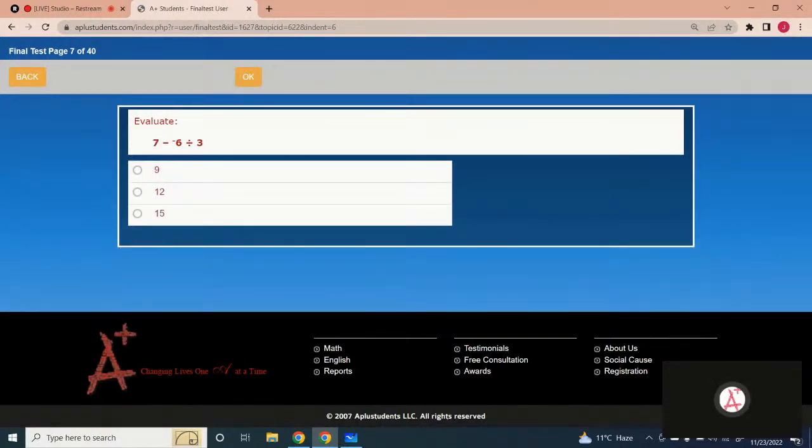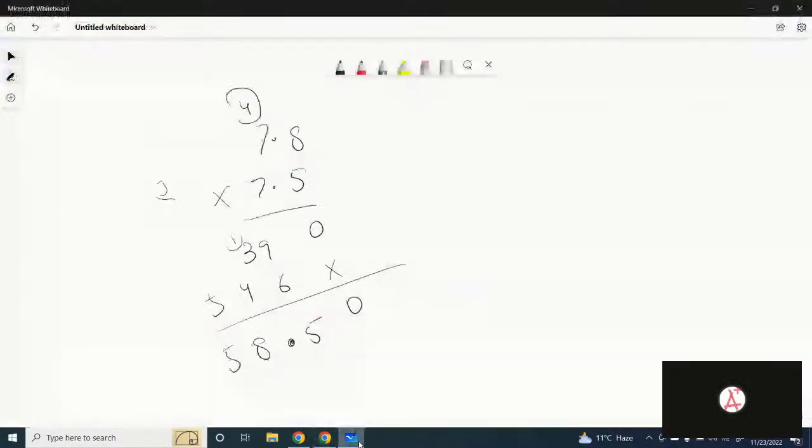Okay, the next one is 7 subtract negative 6 divided by 3. First of all, you have to perform the division because division has higher priority. You are dividing a negative number by a positive number, which means the answer must have a negative sign.